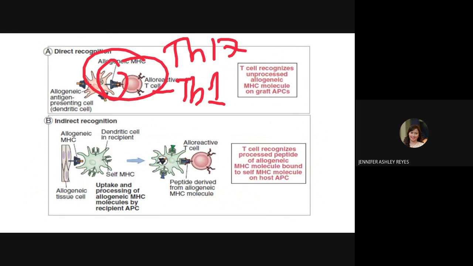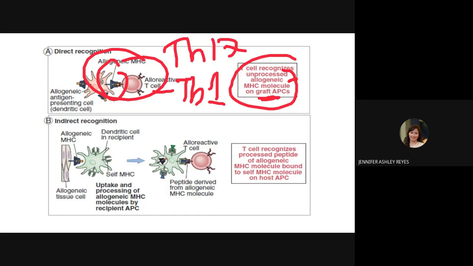So at this rate, the T cell will recognize unprocessed allogenic MHC molecules on graft APCs. And because of that, paano ba nun na-detect ng ating T cells? Because there are certain degree of mimicry or resemblance from the foreign MHC and our own MHC.